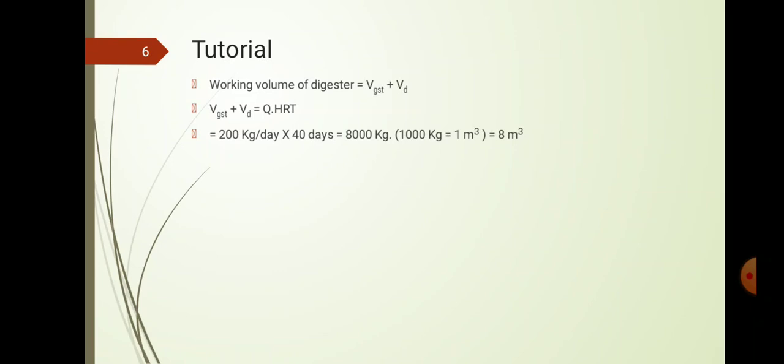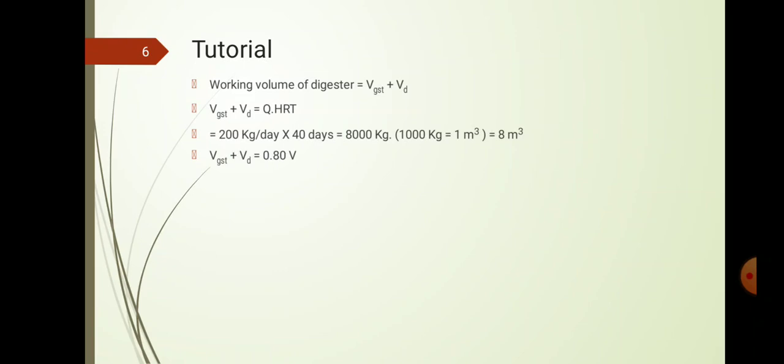So to handle this 8000 kilogram, the volume we require is 8 meter cube, because we know that the density of water is 1000 kilogram per meter cube. So 1000 kilogram of water takes 1 meter cube, which means 8000 kilogram of discharge takes 8 meter cube. So that is the volume corresponding to this.